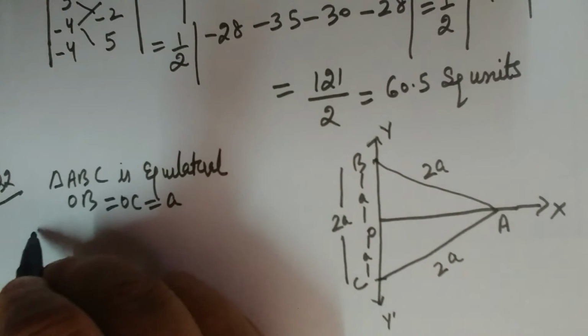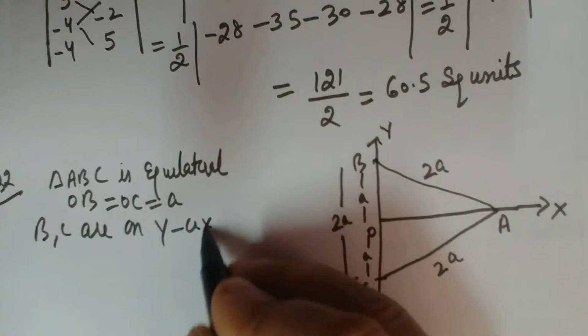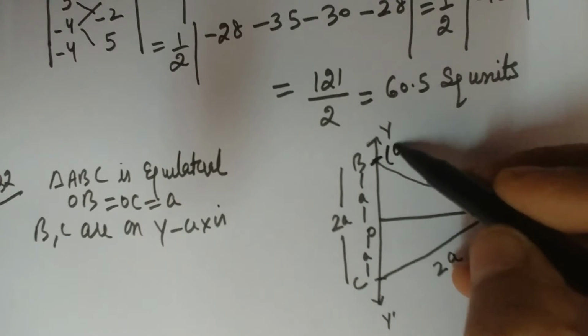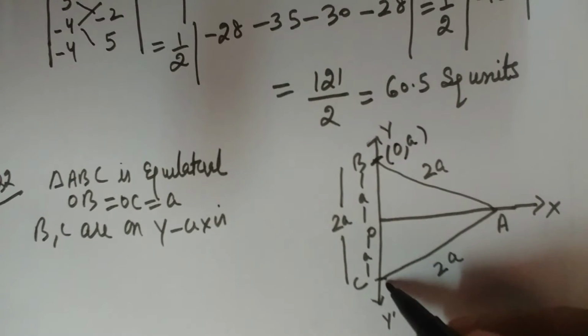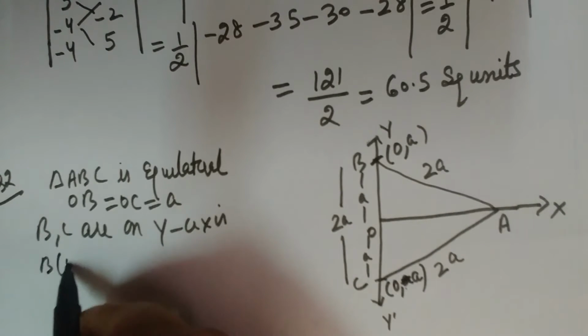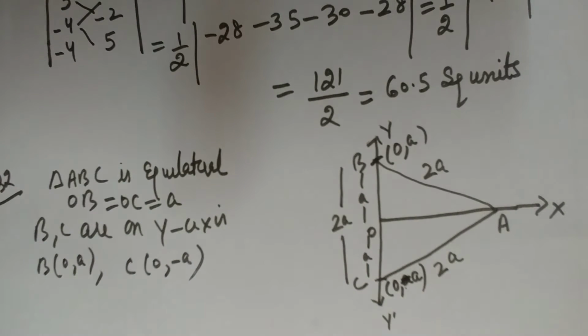And since these points B and C are on your y-axis, so what are the coordinates? This distance is A, so the coordinates of B are (0, a) and that of C are (0, minus a). Okay, (0, minus a).